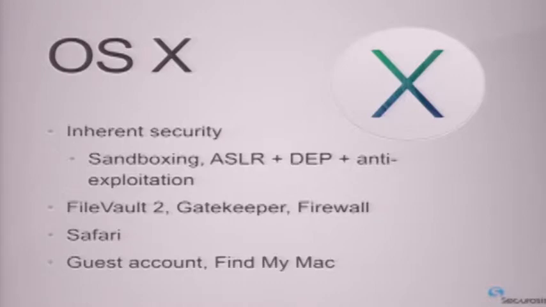Internally, there are a lot of inherent security controls. Sandboxing is implemented at the operating system level, and it's now implemented for all applications you download from the Mac App Store. So they're all sandboxed, they all have to get permissions. Developers complain a lot about that in some cases, but there are tremendous advantages to it, because when you download those apps, even if a bad guy exploits that app, it makes it harder for them to transition that exploitation to the rest of the operating system.